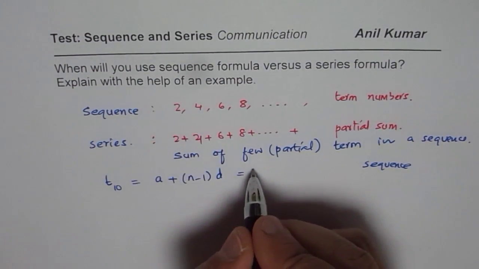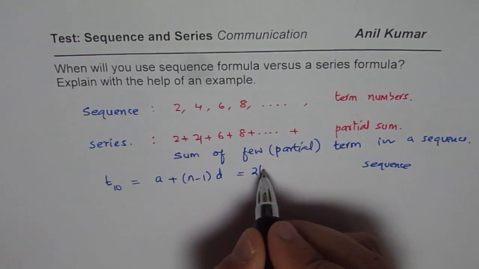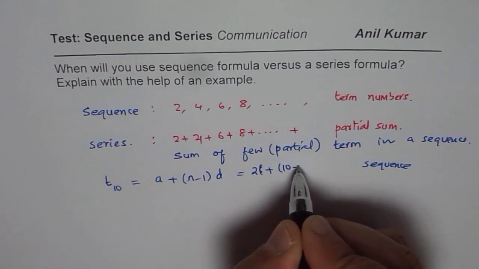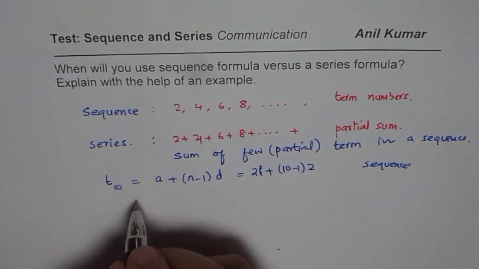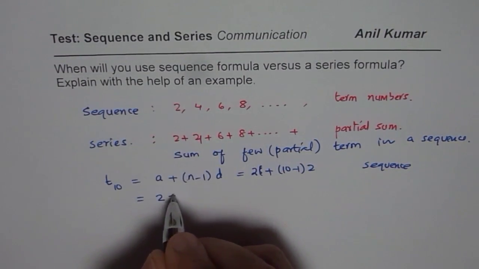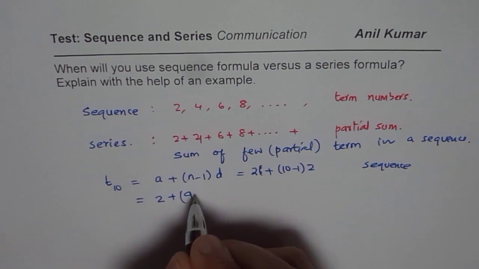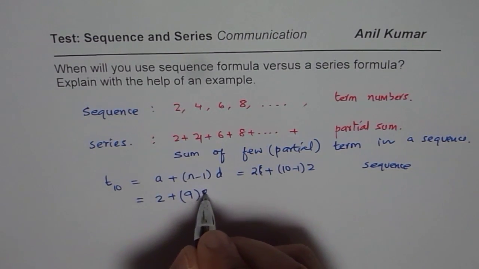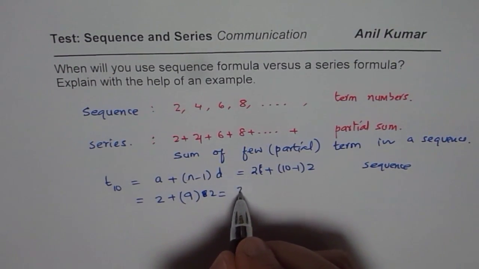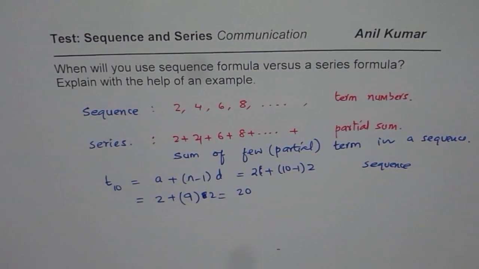So in our case a is 2 plus 10 minus 1 times 2, right? So our 10th term for this particular sequence will be 2 plus 10 minus 1 is 9 times 2, which is 18. So 18 plus 2 is 20. So the 10th term will be 20 for us, right?